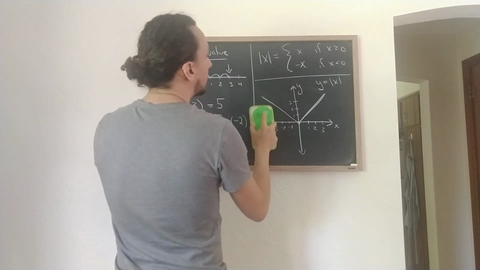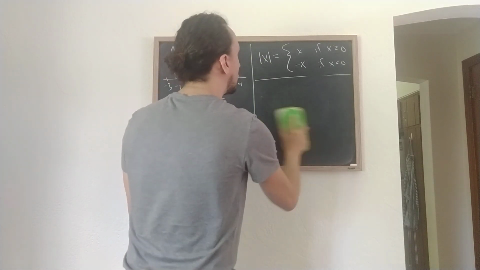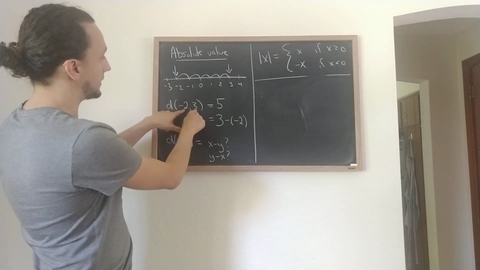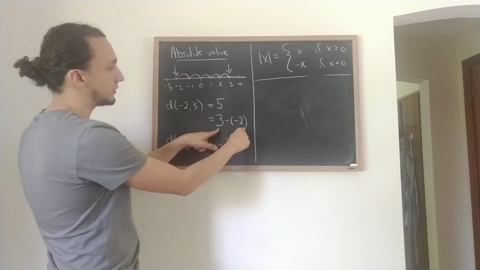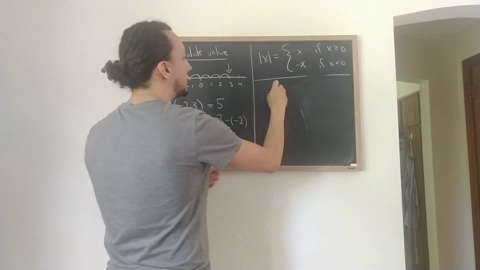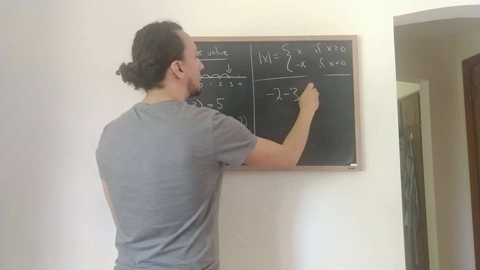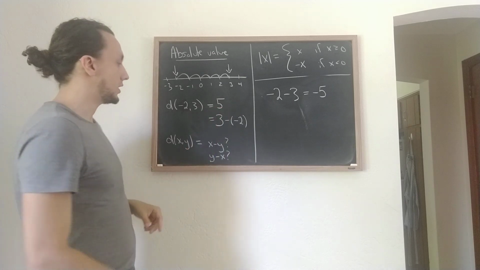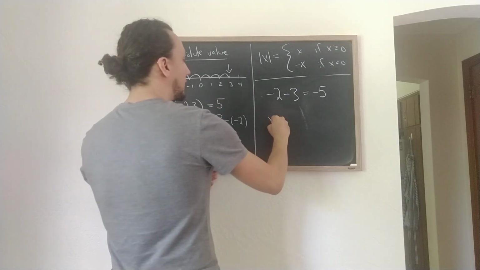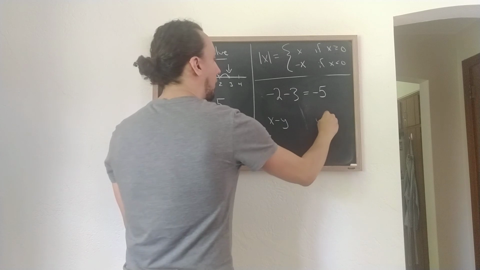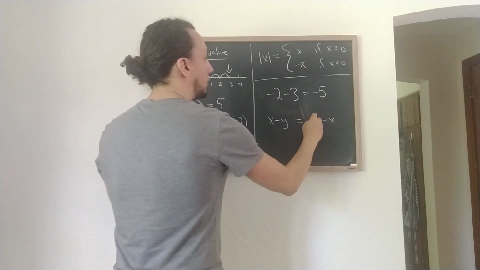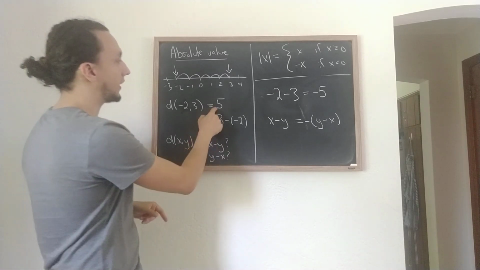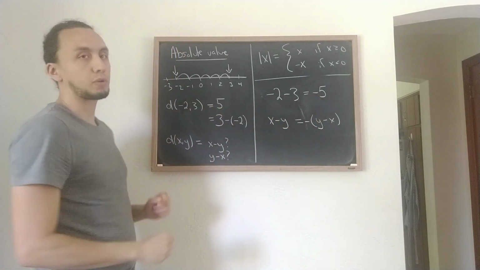Because if I look at 3 and negative 2 again, when I do 3 minus negative 2, I got my answer of 5. But if instead I did negative 2 minus 3, I would get the negative of my answer, negative 5. So the point is that the difference between x minus y and y minus x, they're equal if I just multiply one by negative 1. They just give me the same answer, 5 or negative 5, depending on which order I put them in.